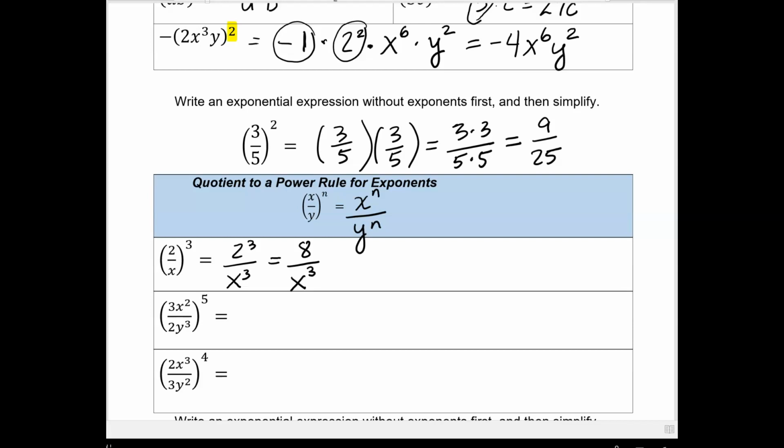Next, we have 3x squared over 2y to the third, to the fifth power. So that's 3 to the fifth, x to the 10th. Where did the 10 come from? That's right, 2 times 5. Over what? What would you write next?